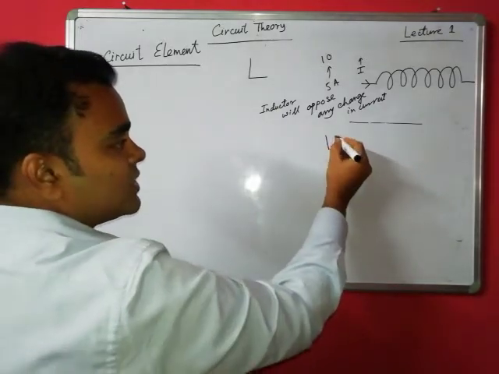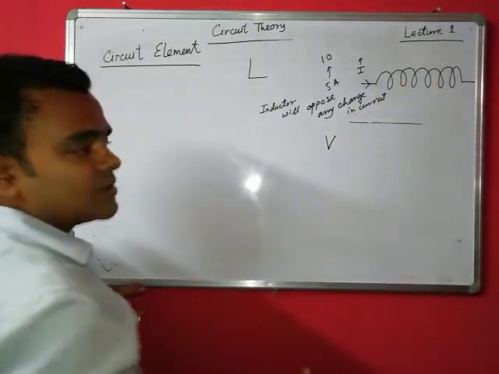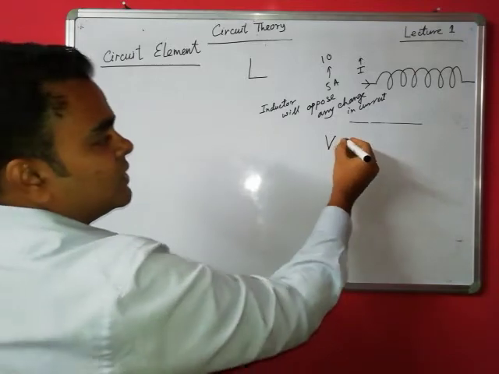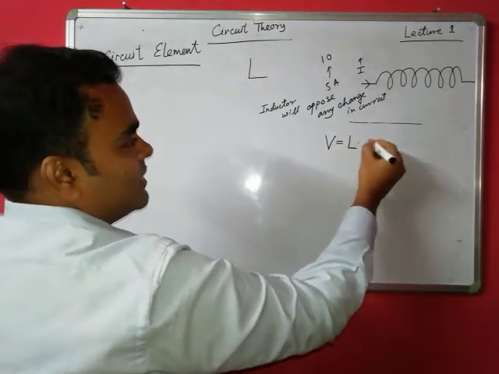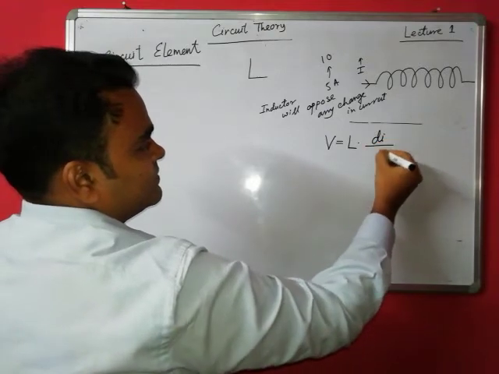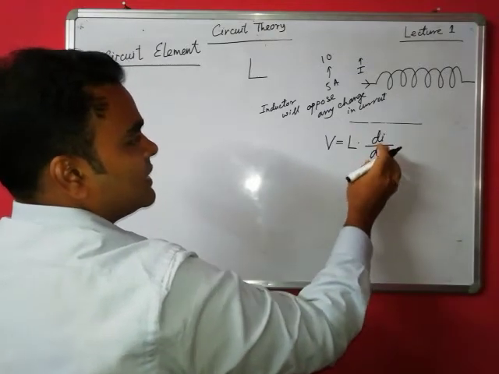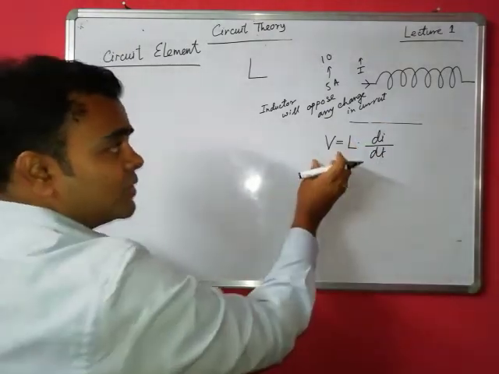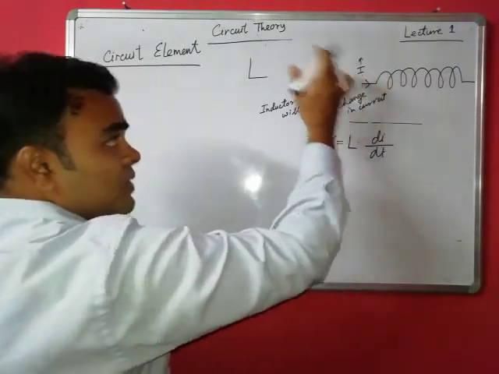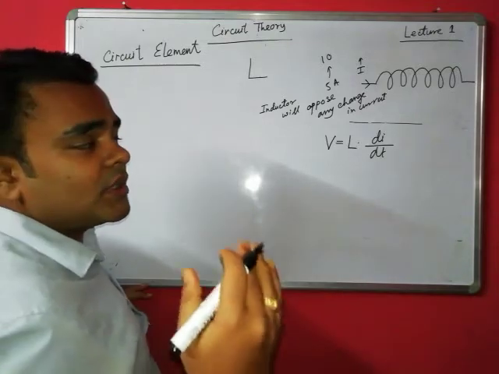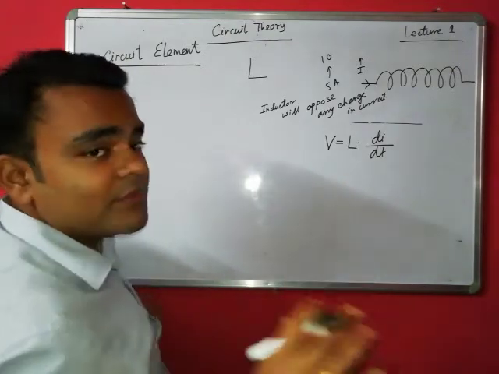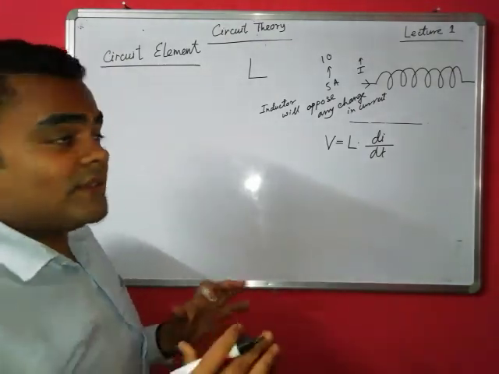A self-induced voltage will be there, which is proportional to the change in current. So whenever there is a change in current, a voltage will be induced which will oppose the change in current through the inductor. When I give the lecture on transients, I will discuss it again.